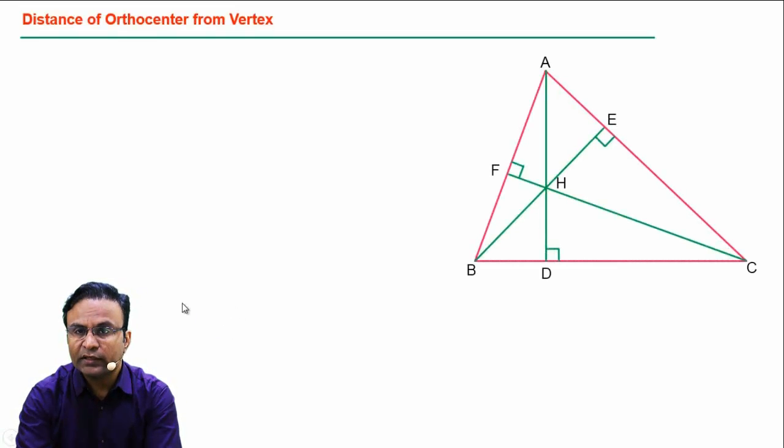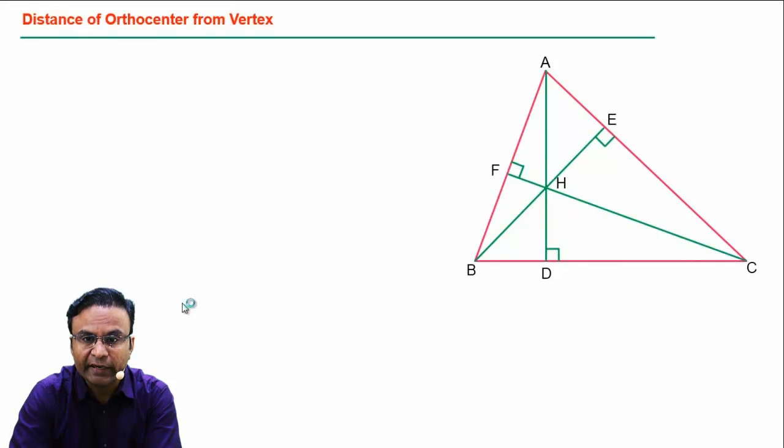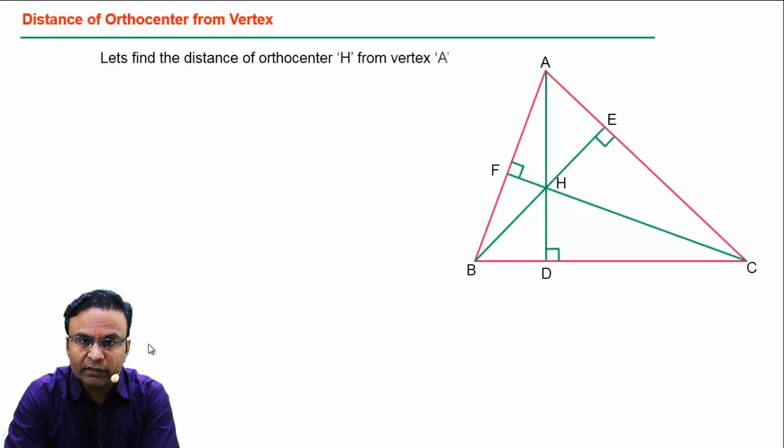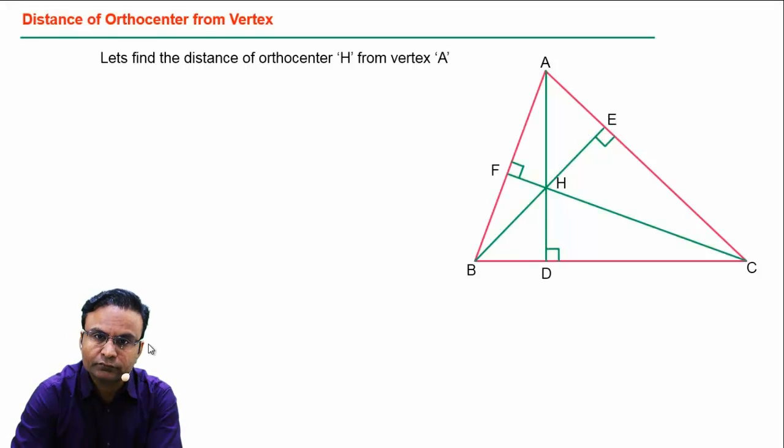For that, consider triangle ABC with altitudes and feet of perpendiculars. Now let's find the distance of the orthocenter from vertex A. That means we have to find length AH.